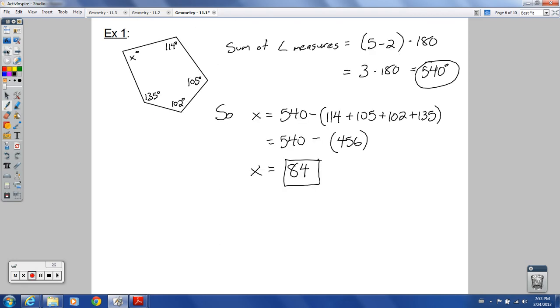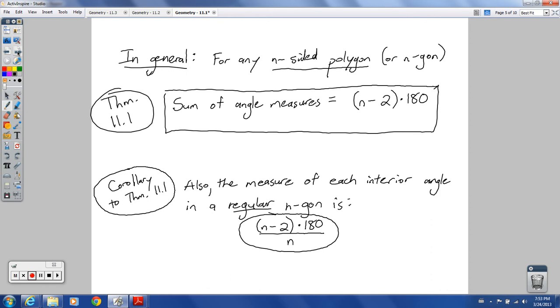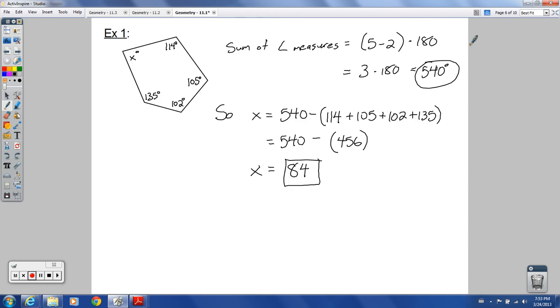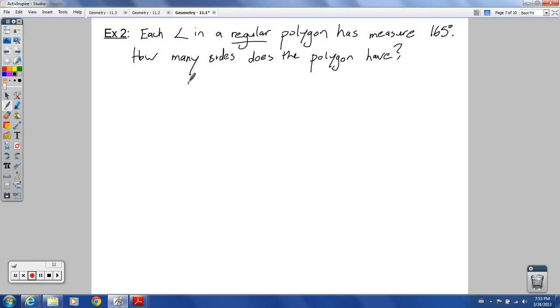Okay, so we're going to use that corollary. And right here, I think this is valuable to write down here. So let's go back to example 1 and write, this was theorem 11.1, and now we're going to use the corollary to theorem 11.1 instead. So we're going to have n minus 2 times 180. That's the total of the angles, the total sum of the measures of the angles.